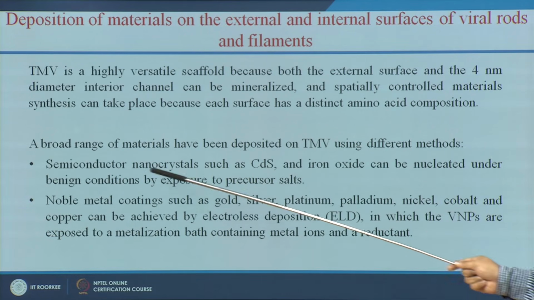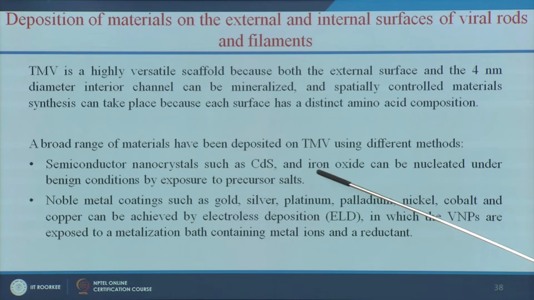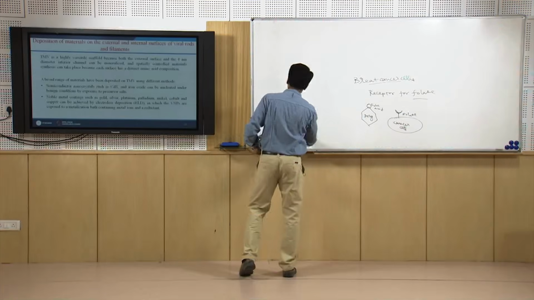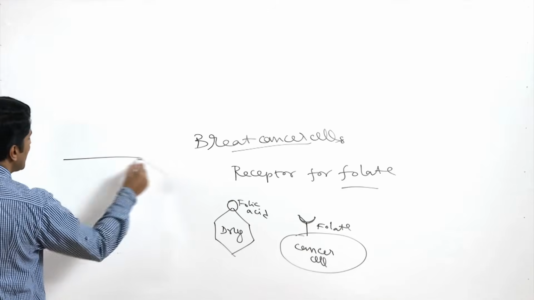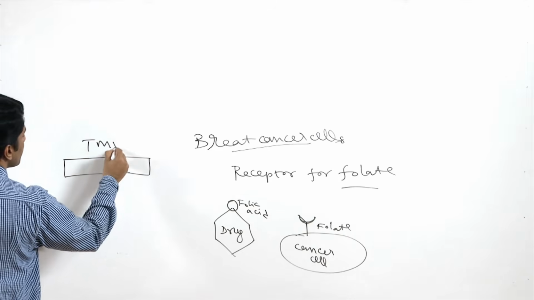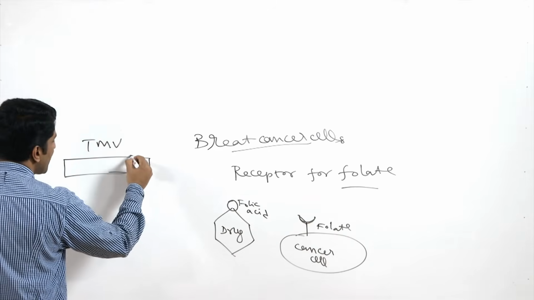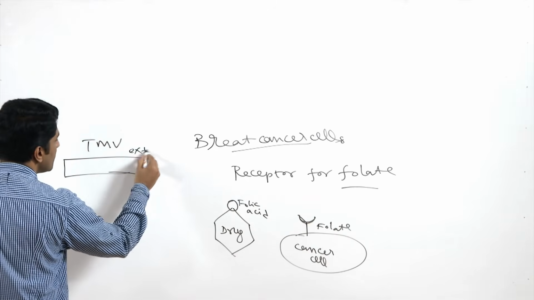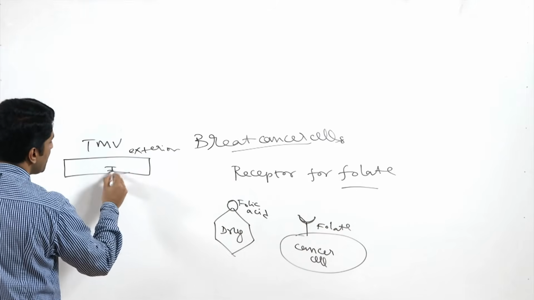For example, you can deposit semiconductor nanocrystals inside the TMV, and outside you can coat different kinds of metal nanoparticles. As I told you earlier, this TMV is a rod shaped virus. It has a different kind of exterior and a different kind of interior.